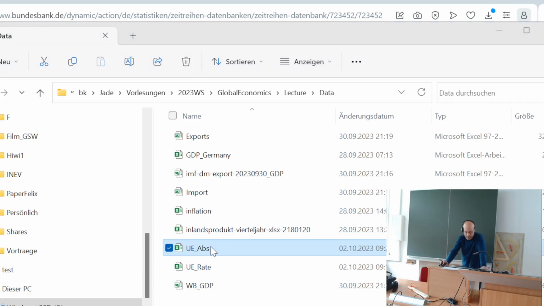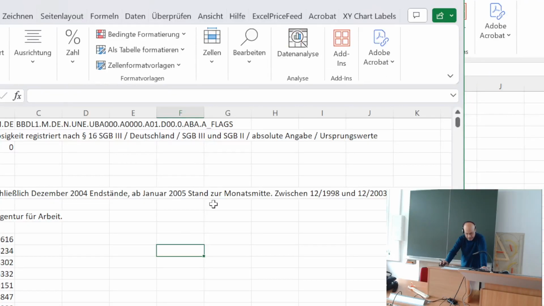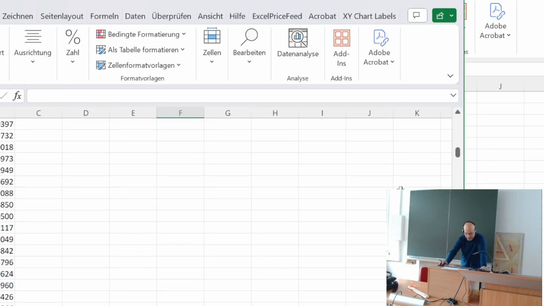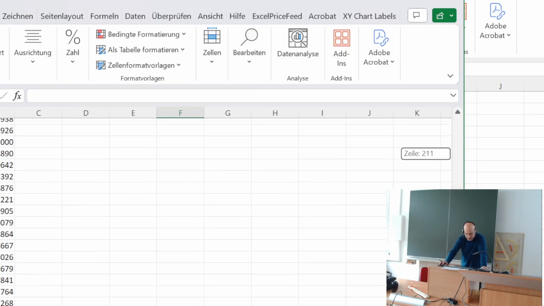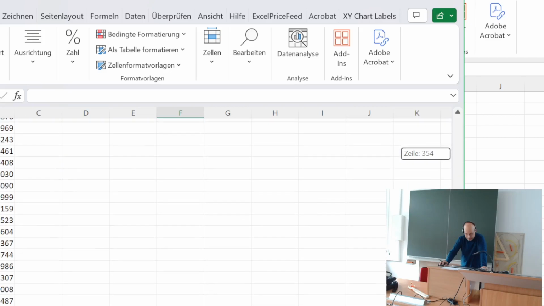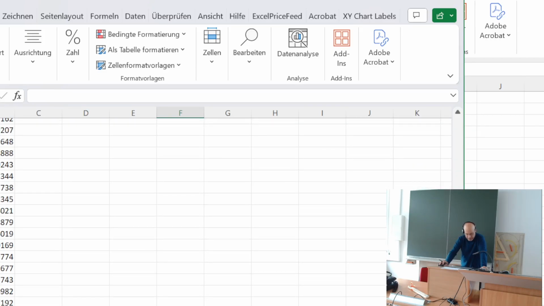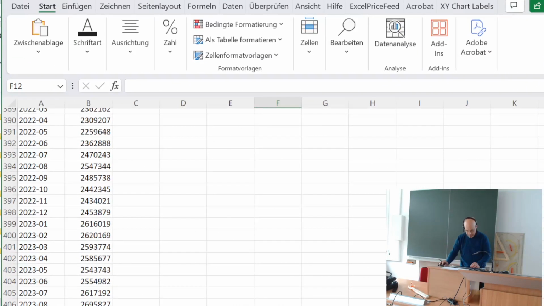And hopefully if this file loads again, that now it hasn't even saved the diagram. So let's try it again.